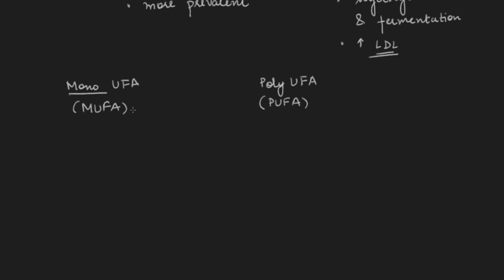Monounsaturated fatty acid will have a single unsaturation, like this. This is an imaginary MUFA, and polyunsaturated fatty acid can have two or more unsaturations present. Okay, so these are the different variations of unsaturated fatty acid which can be found in nature.